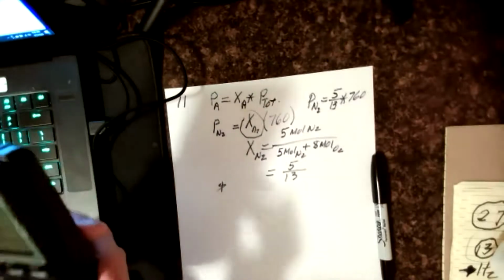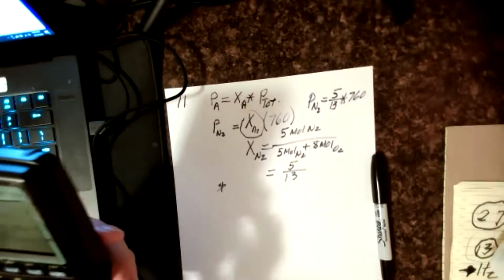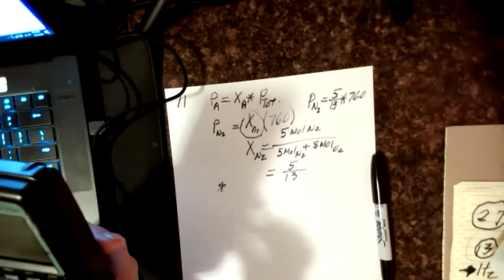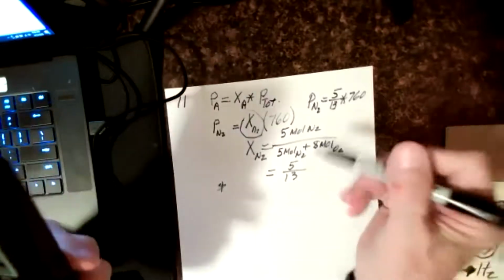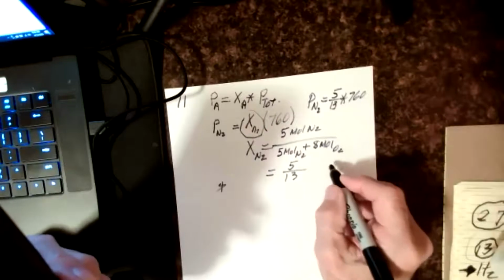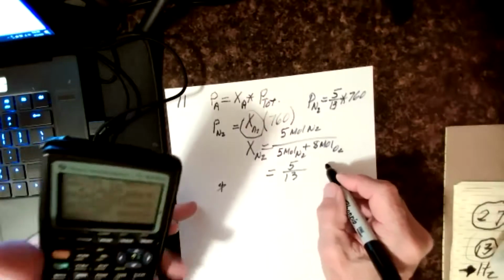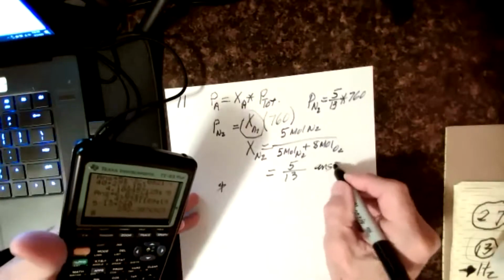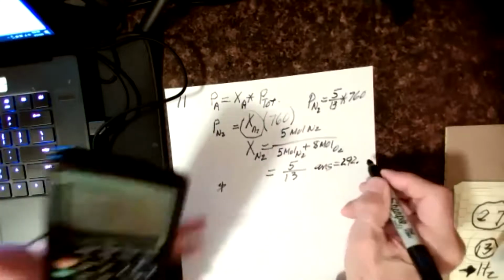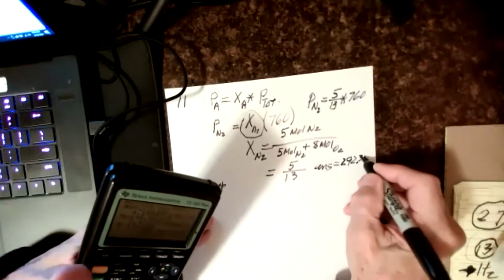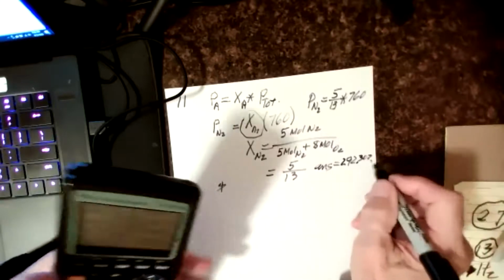So 5 divided by 13 and multiplied by 760. That's a pretty straightforward one. And what we're coming out with for the answer, we got 292.307 and a whole bunch of digits.